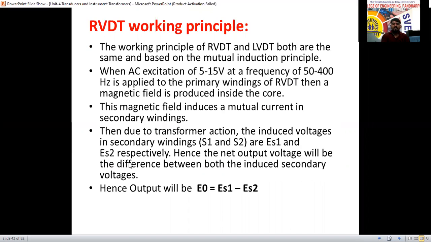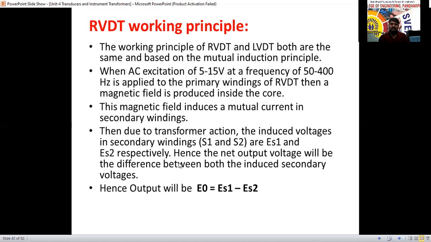Okay, see here, this one I will read. Due to transformer action, the induced voltages in the secondary windings S1 and S2 are ES1 and ES2 respectively. ES1 is the induced EMF in the secondary winding S1, and ES2 is the EMF induced in the secondary winding S2.